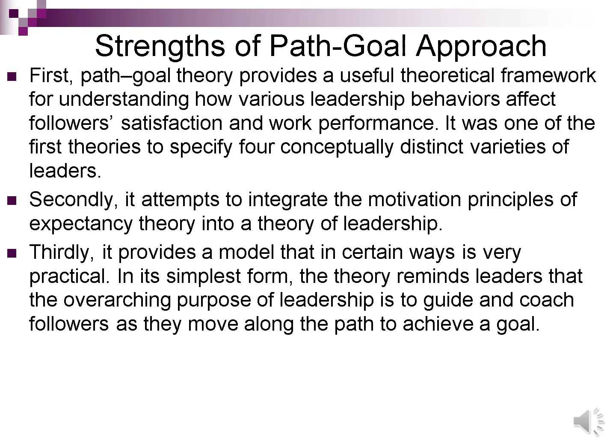It was one of the first theories to specify four conceptually distinct varieties of leaders with respect to followers and goals. Secondly, it attempts to integrate the motivation principle of expectancy theory. We discussed Vroom's theory and the two-factor theory, the motivators and satisfiers, which were combined here, and motivation was made one of the most important ingredients in the performance of followers.